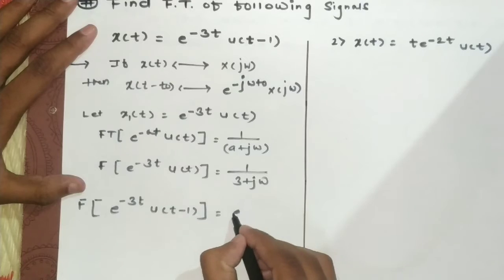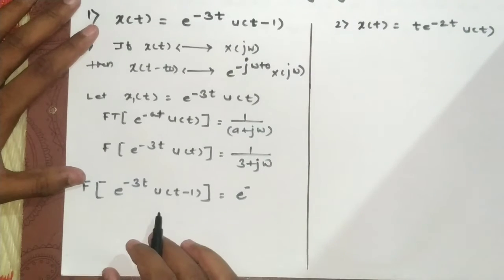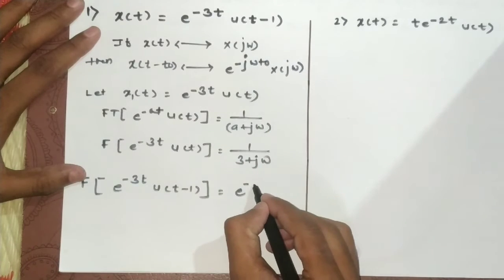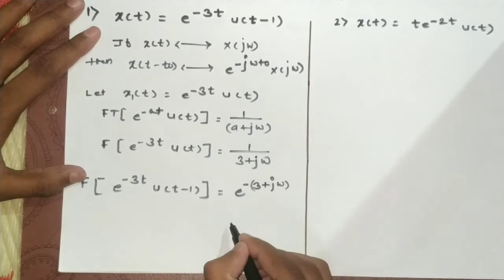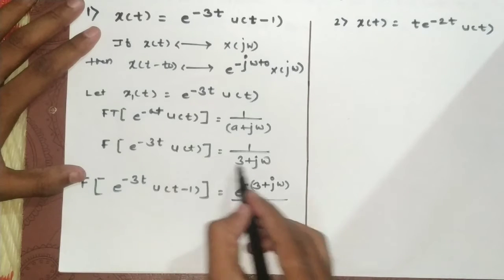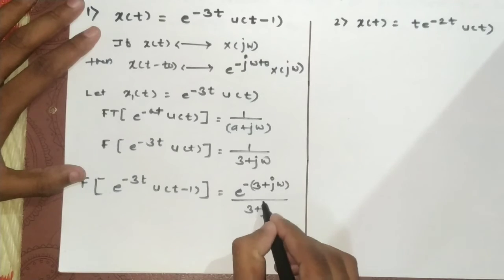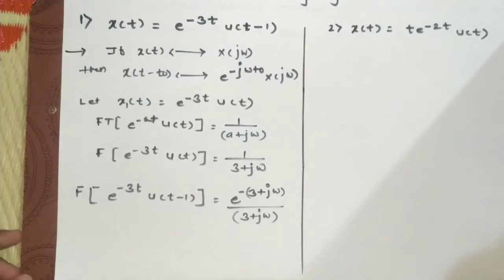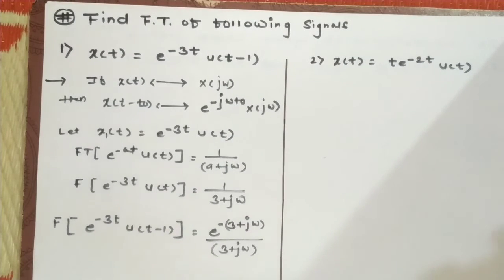So here it becomes e raised to minus j omega, with the shift t naught equal to 1, multiplied by the original transform 1 upon 3 plus j omega. So this becomes e raised to minus j omega divided by 3 plus j omega. This is the answer of the first question, the Fourier transform using the time shifting property.